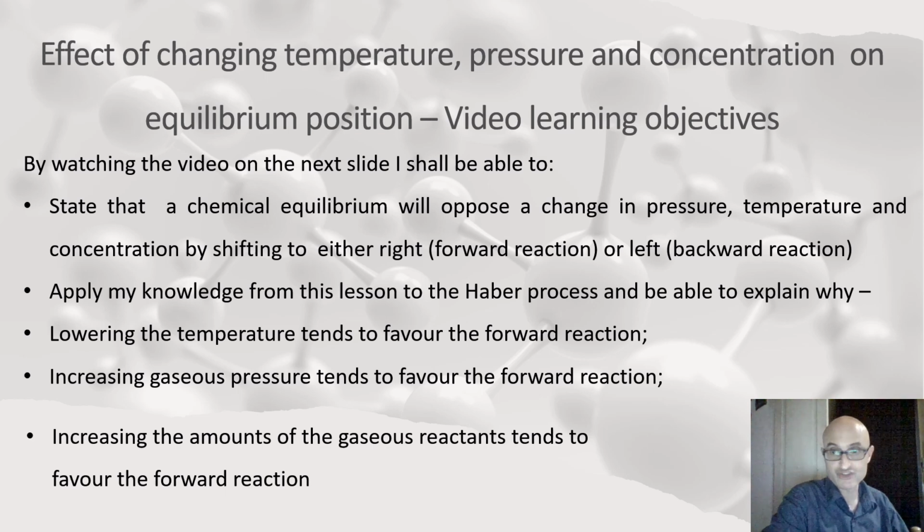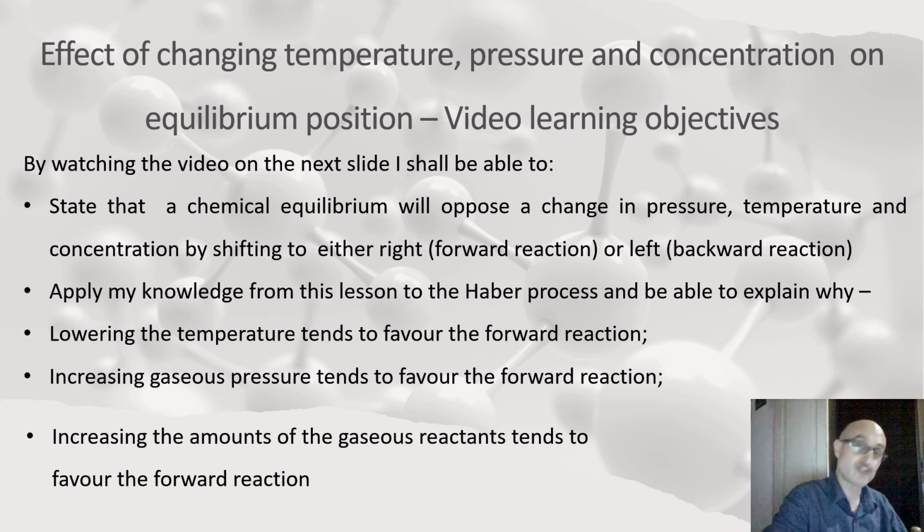I haven't mentioned this at any point, but when I said that a system tries to oppose a change, for example, if I increase the temperature of a reaction, the reaction tries to move in a way, either forwards or backwards, that will decrease that temperature rise.